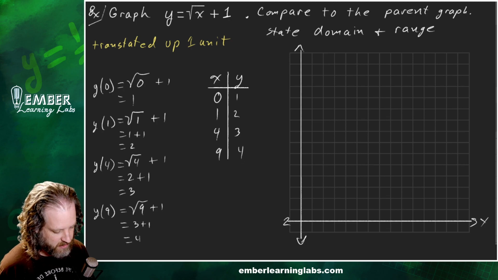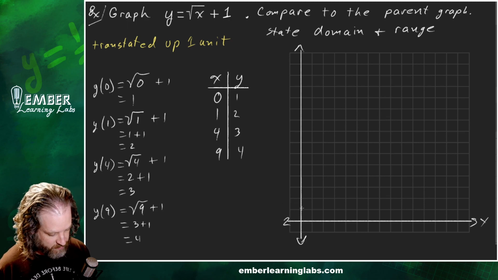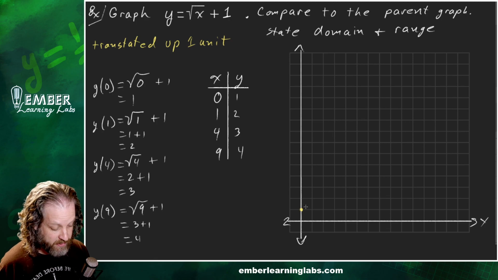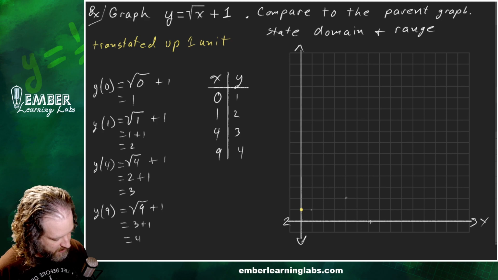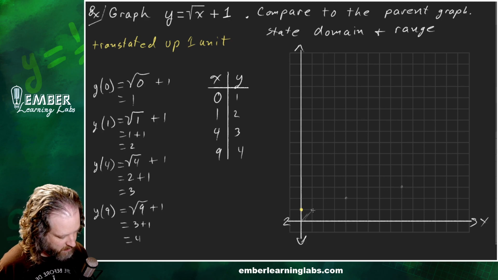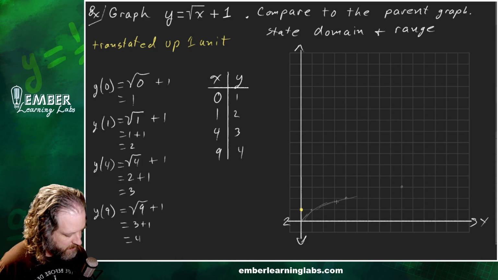Let's graph that. So we've got, first of all, 0, 1, so the endpoint is right there. We can real quickly put the parent in here. So the parent is here, right? If we sketch the parent in there, that's another way to think through your table without a lot of trouble.